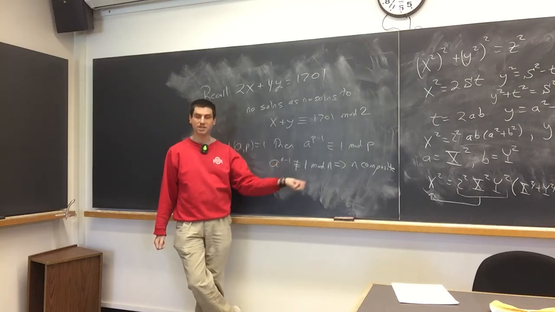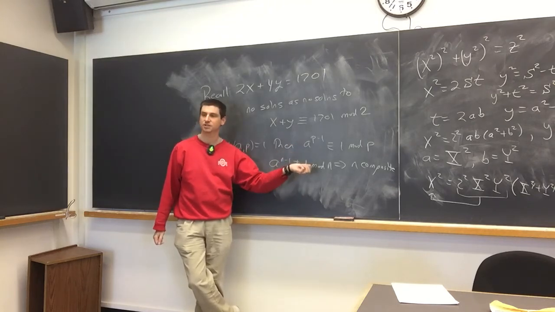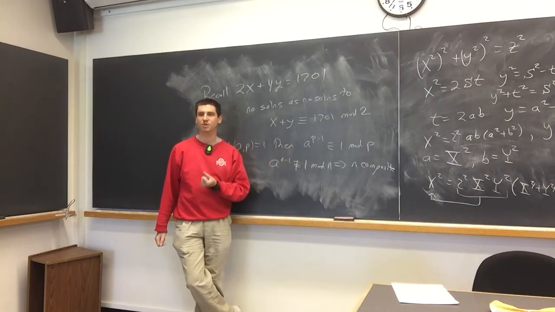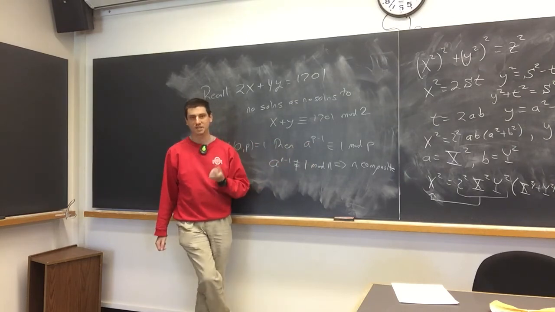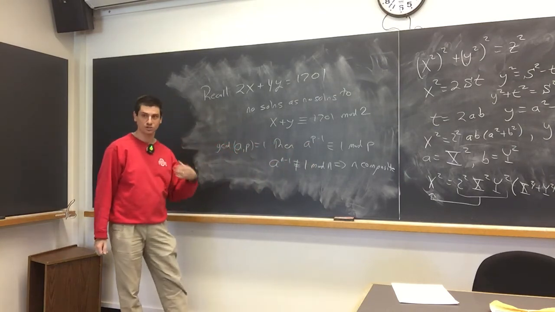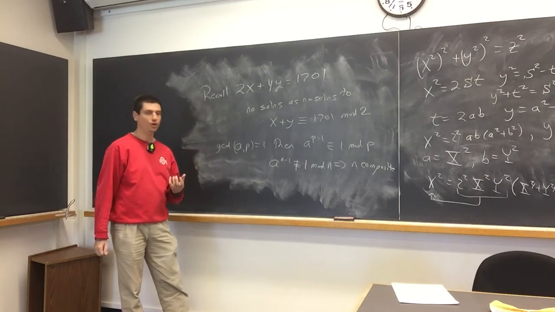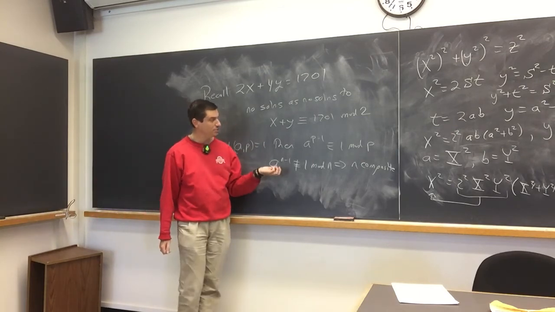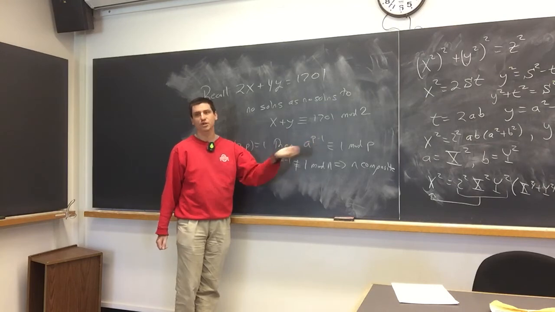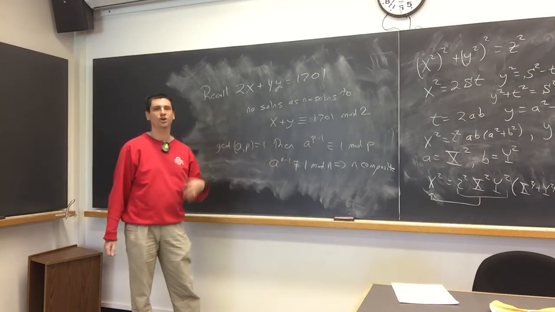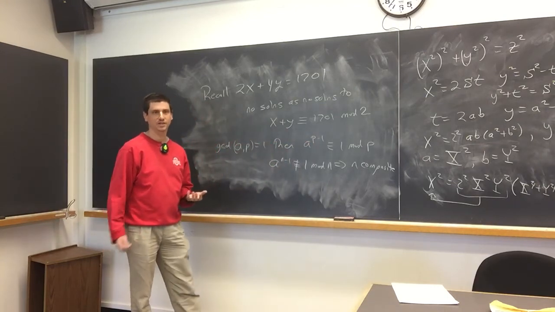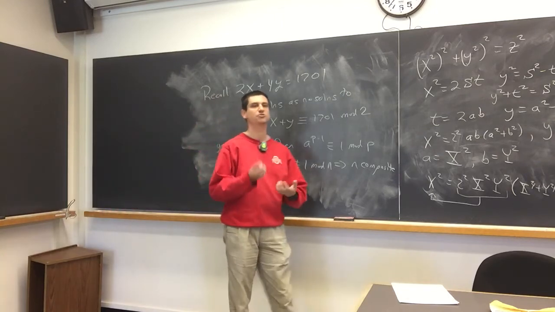Unfortunately, there are numbers n that pass this test for every a relatively prime to n, but are not prime. And these are the Carmichael numbers, and they actually cause a lot of problems in cryptography. Fortunately, there are very few Carmichael numbers relative to prime numbers. So if you have a number that passes all the tests, odds are it's prime. And you'll sometimes even hear the phrase an industrial prime.